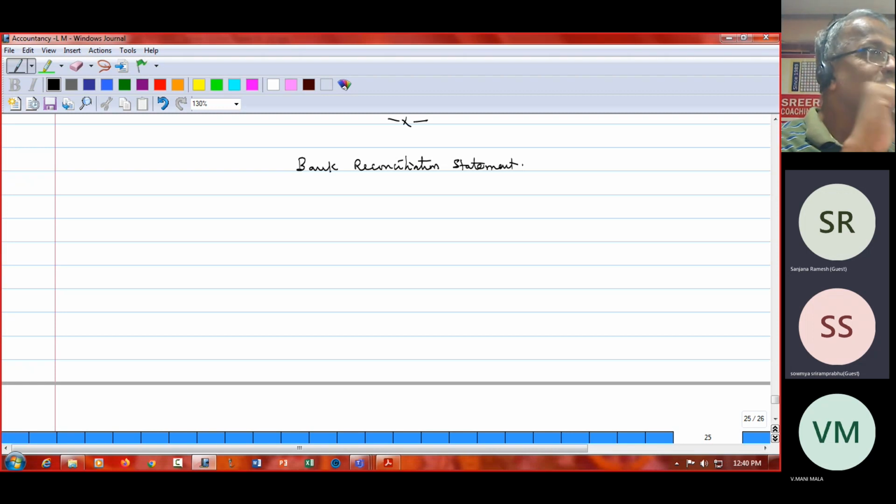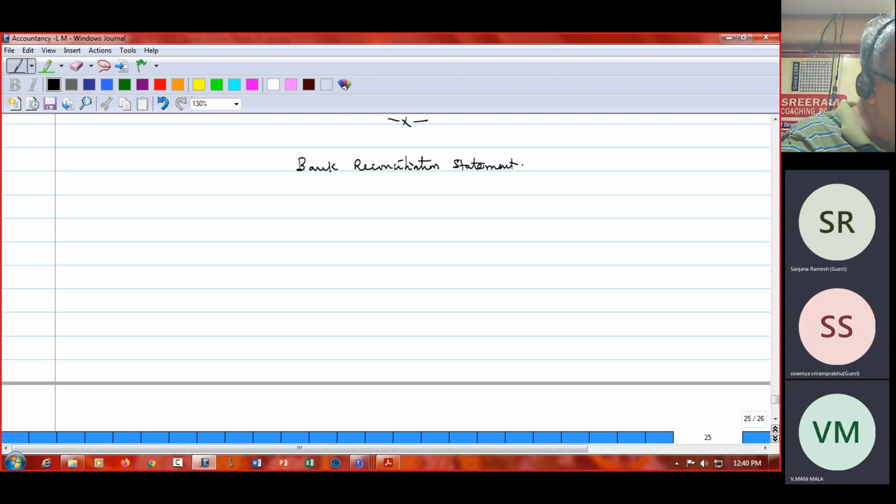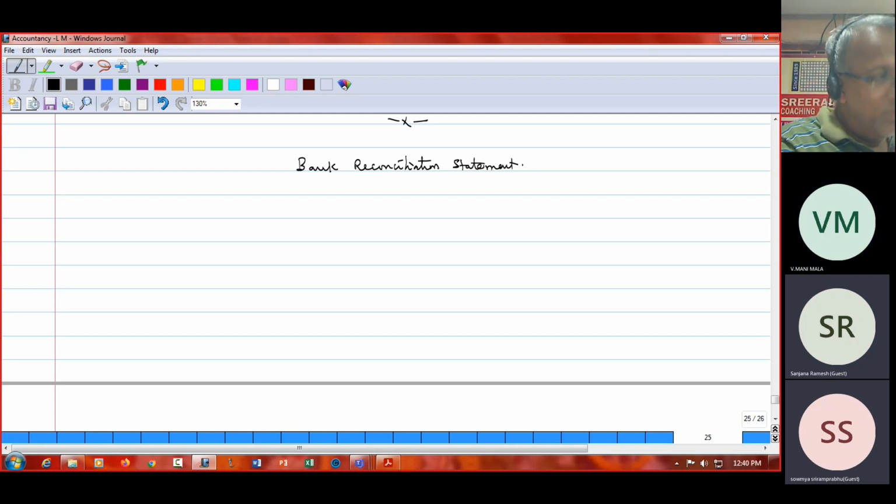He did not say, I did not approve whatever he said. Yes, Manimala, you tell what you understand from bank reconciliation statement. So to identify the difference between cash book and passbook. Why we should identify the difference between cash book and the passbook?